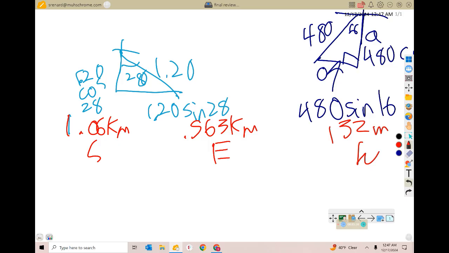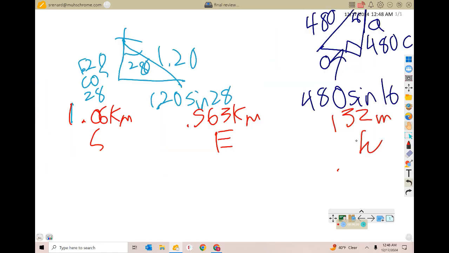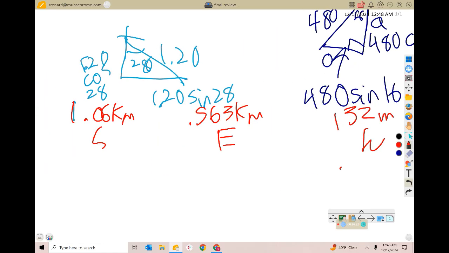Okay, so that's step one, right? We've now taken both triangles and broken them down into their component parts. Step two is we combine them. So we know that during the first leg, 461 meters or 0.461 kilometers south.